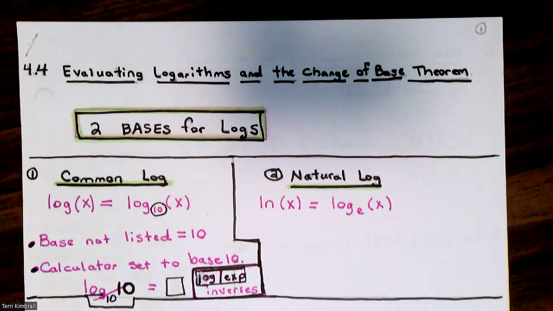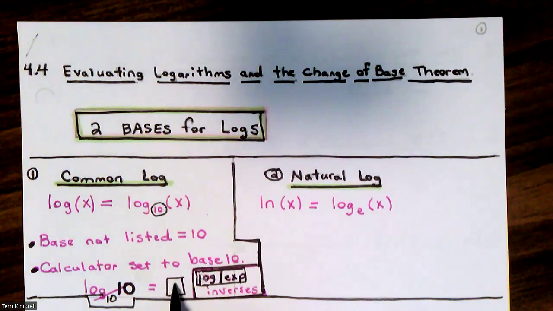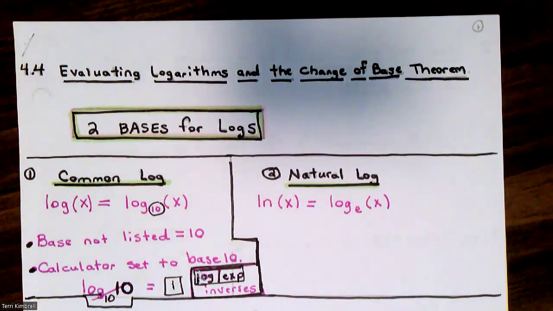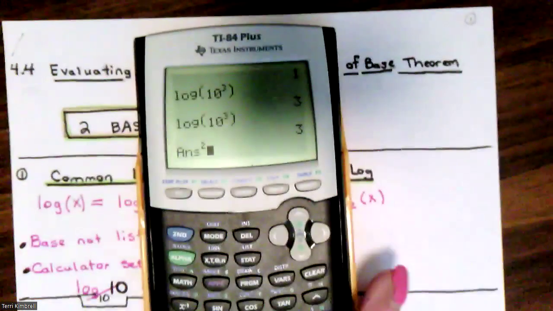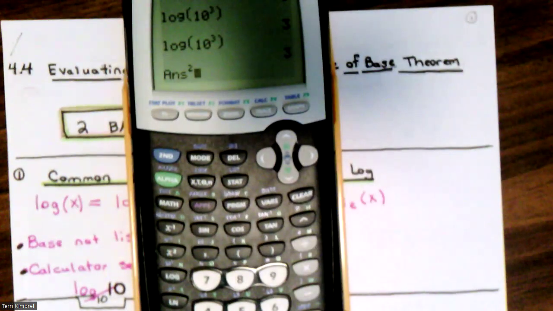Now, log base 10 and exponent base 10 are inverses of each other. So when you have them, it's going to cancel out to a 1. In your calculator, for the regular log feature, you're going to see that it is right there on the far left side.